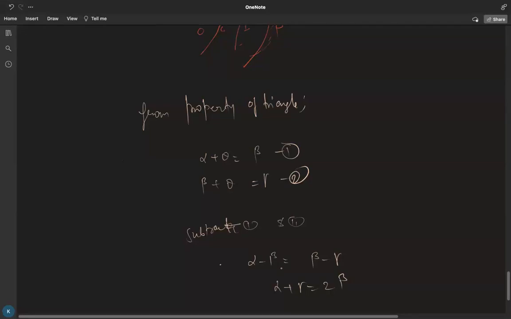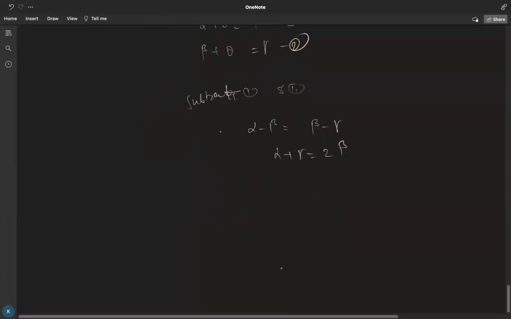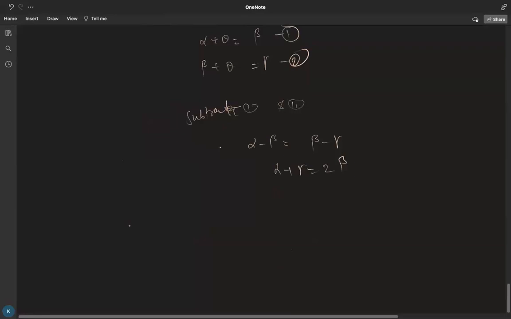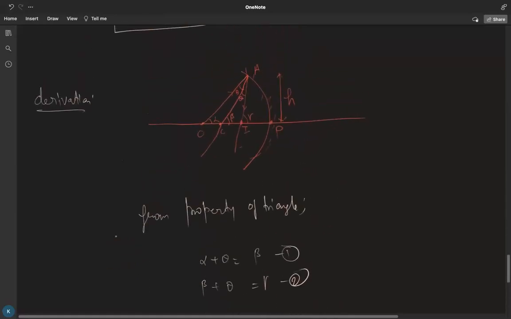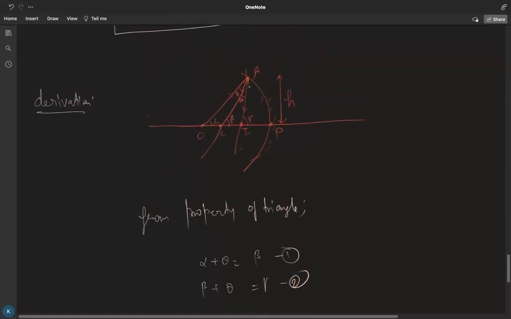Now let's start writing the tan of the angles. When we write the tan of alpha in this triangle, the height is h, so tan of alpha is p by b.